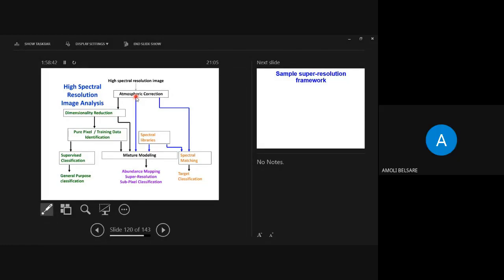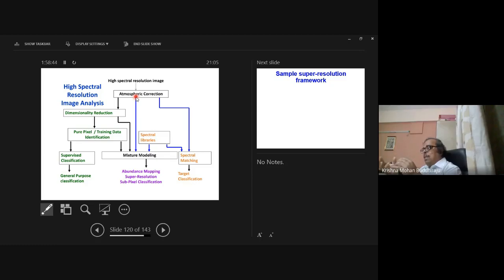So there are a lot of assumptions on which general corrections are made, which improve the data but may not be perfect. If you have synchronous ground truth collection and atmosphere data collection, then you'll get the best atmospheric correction.